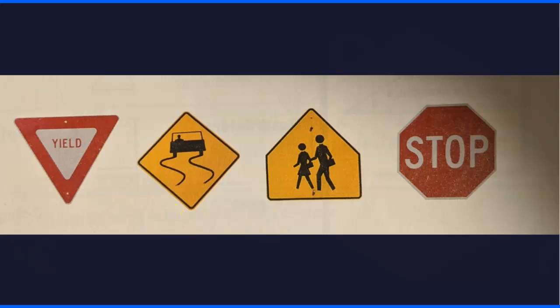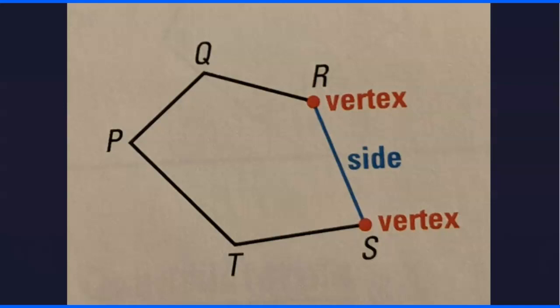So let's take a look at this diagram in your book. Here we have 5 different points and 5 sides. Remember, we said there have to be 3 or more segments. Now 3 would be a triangle, but 3 or more segments meet up at these points, which are called vertices. We saw that same thing in our triangles.